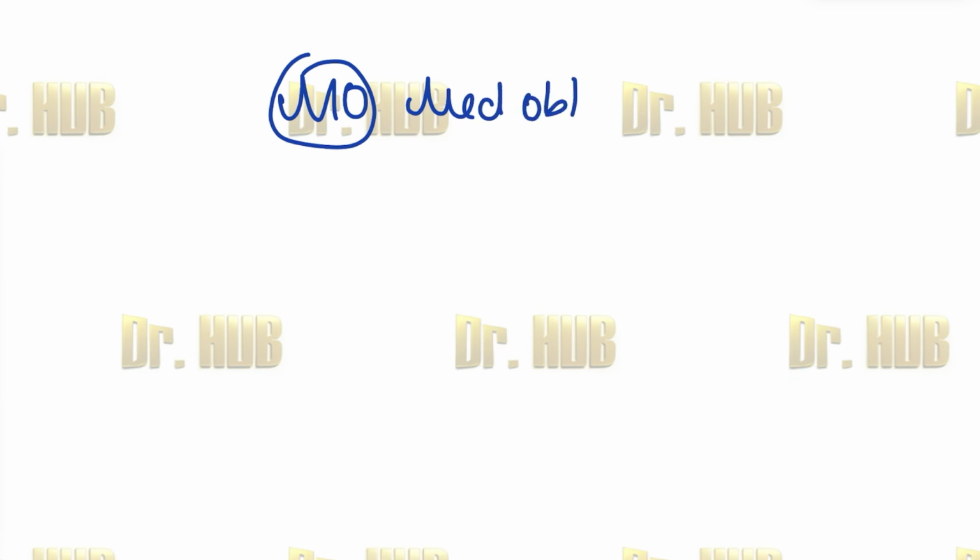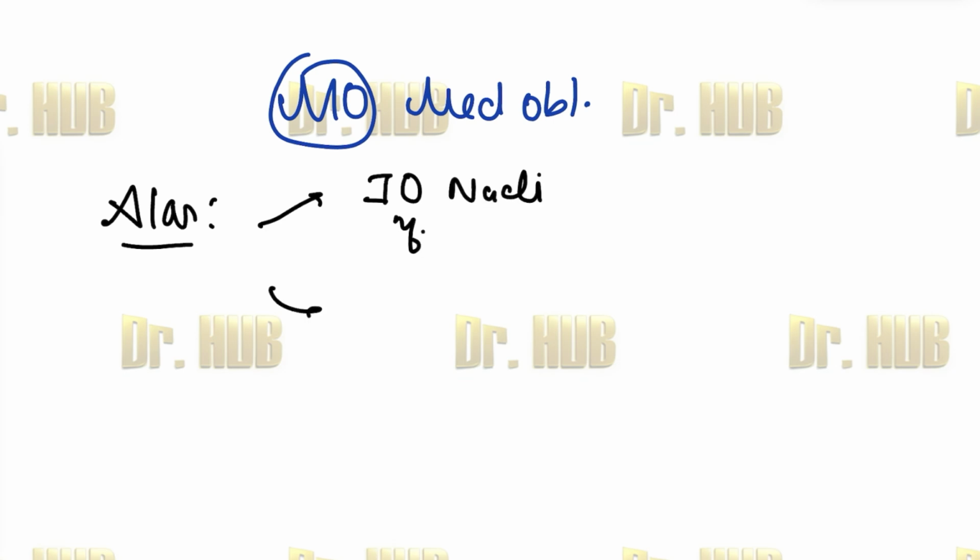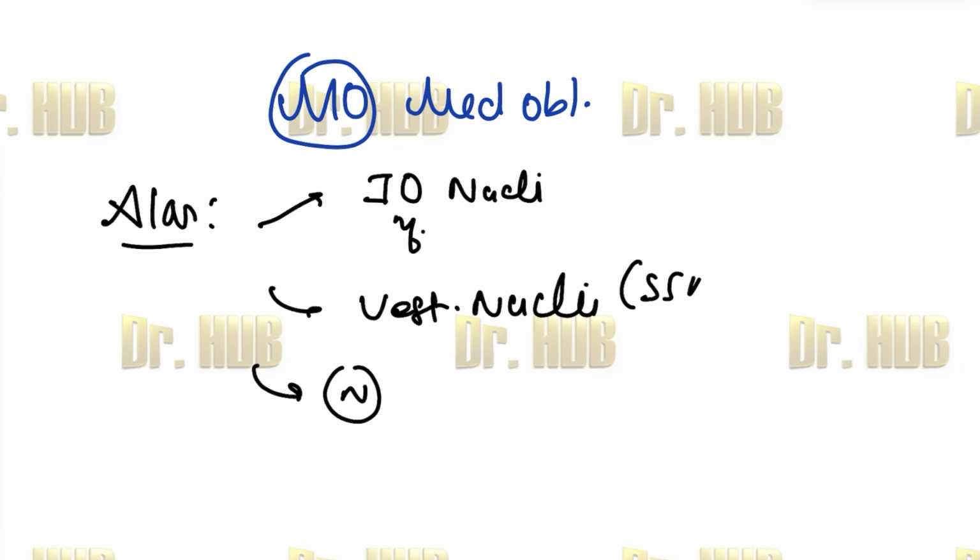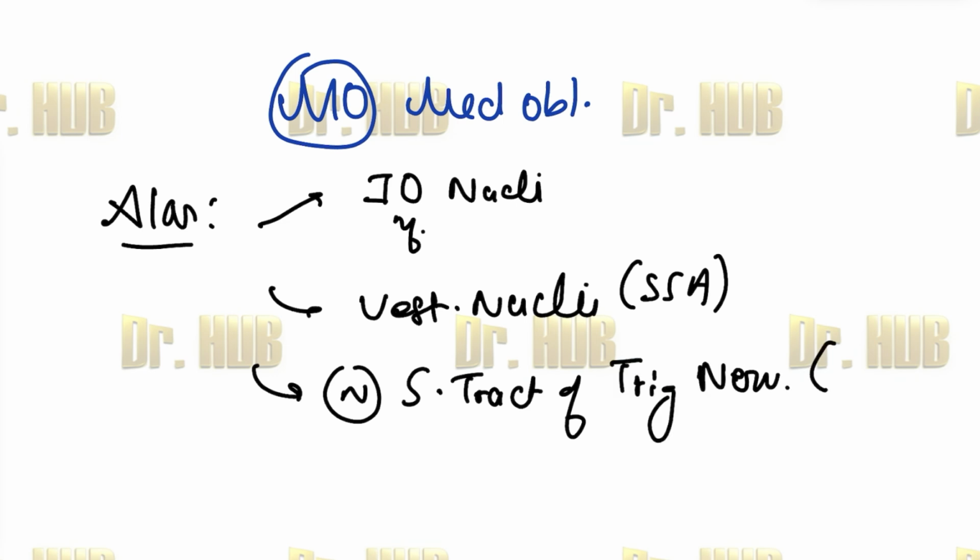Lastly, we move on to the structure medulla oblongata. So under medulla oblongata, let's look at the alar lamina. Under alar lamina, it includes the inferior olivary nuclei. Next, it also includes the vestibular nuclei, the nucleus of spinal tract of trigeminal nerve, that is GSA.